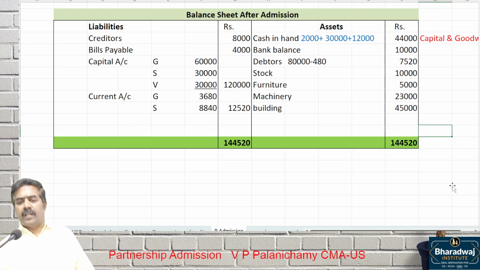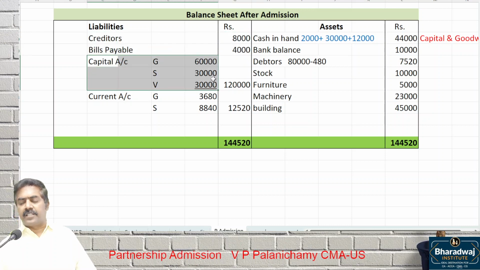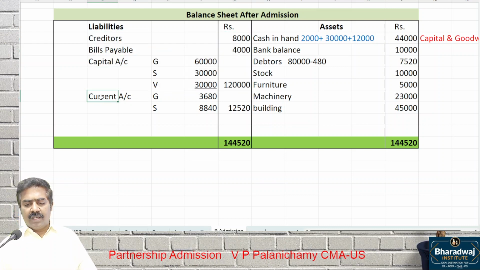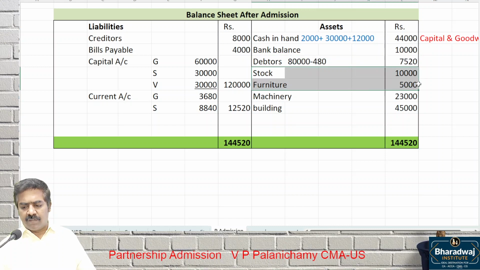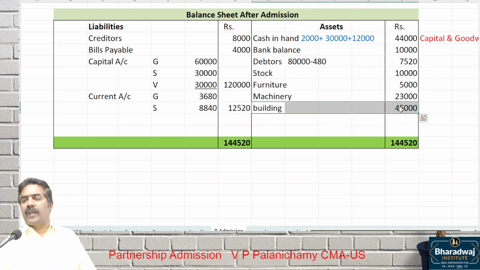Yes, pay attention, I repeat. Creditors 8,000, bills payable 4,000, capital we adjusted in 2:1 ratio. Current account is nothing but the surplus in capital. Then cash account, opening balance plus goodwill plus capital, we take it. Bank balance, debtors minus provision, stock and furniture no change, machinery new value, and building new value we recorded.